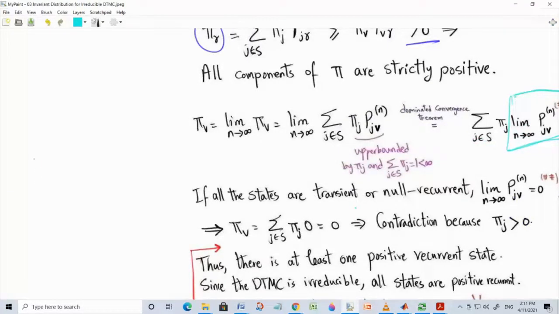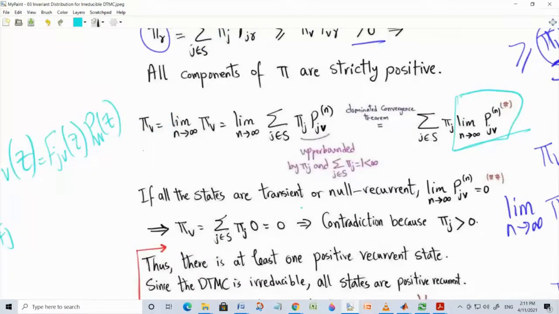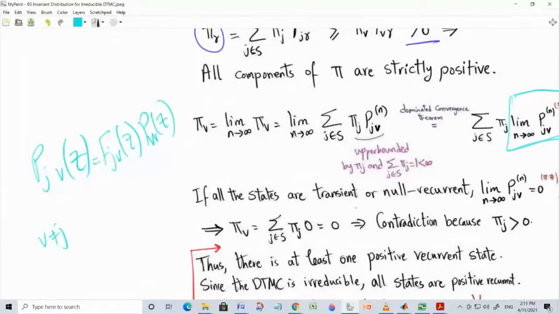So remember, we showed, using the generating function, that P_jv(z) for v not equal to j is F_jv(z) times P_vv(z). Remember, as z goes to 1, the limit of F_jv(z) is the summation over n, a natural number, of f_jv^(n), and this tells you the probability of going from j to v sooner or later.